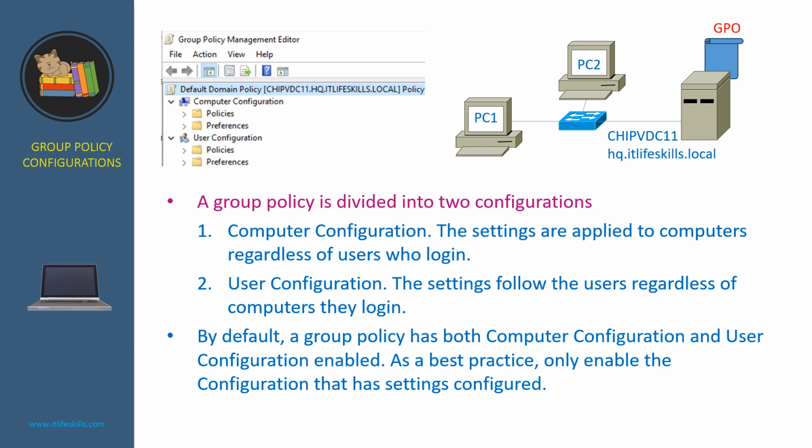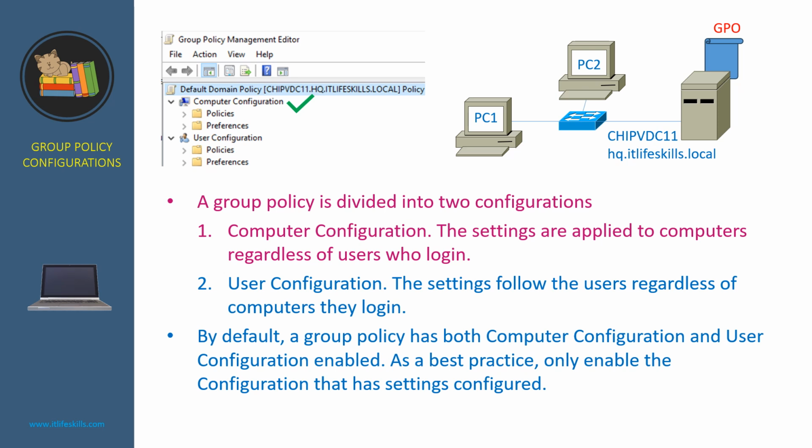A group policy is divided into two configurations. The first one is computer configuration. With the computer configuration settings enabled, the settings are applied to computers regardless of users who log in.